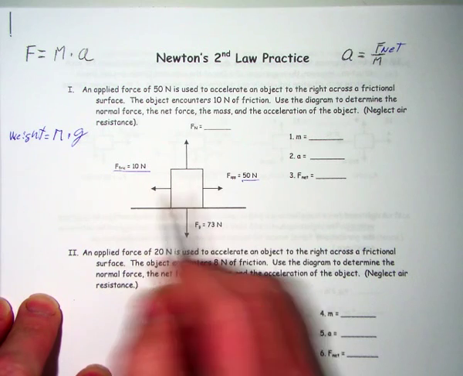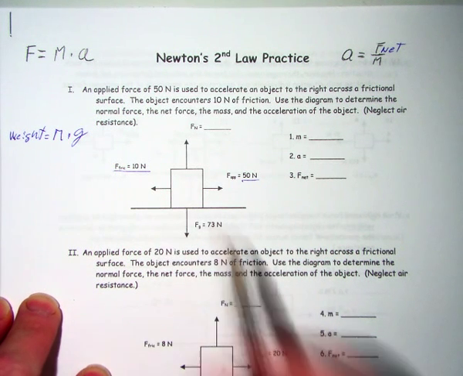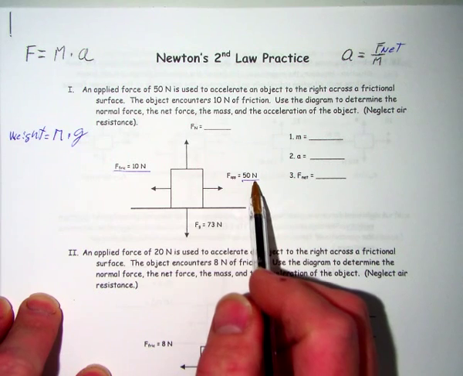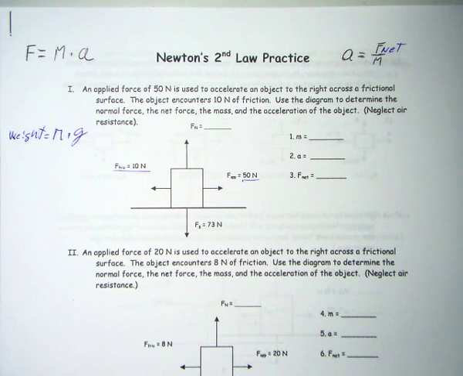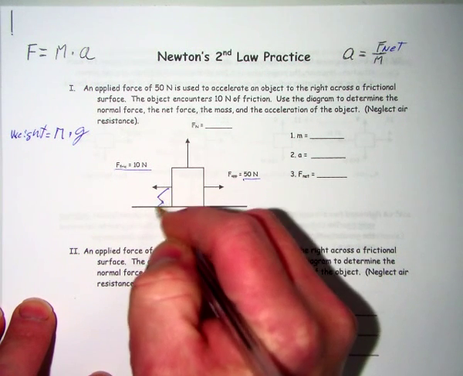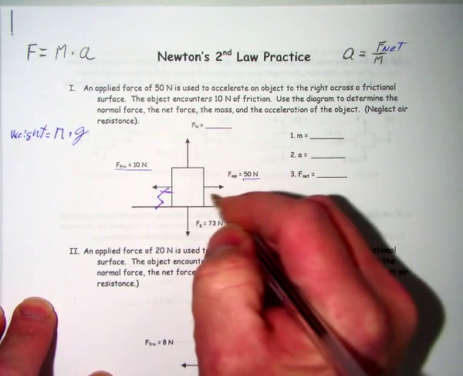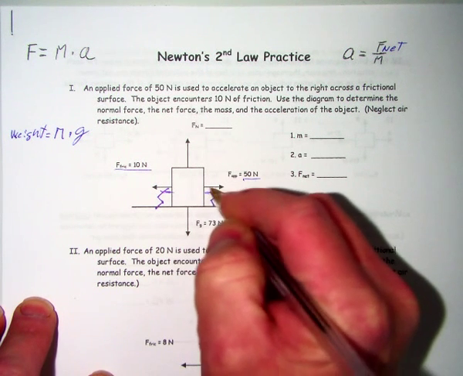Both of these are acting to the right and to the left. If our box is moving to the right, then we're going to say to ourselves, self, how much force is left over? Because what I really have is somebody pushing this way, and somebody pushing back the other direction.